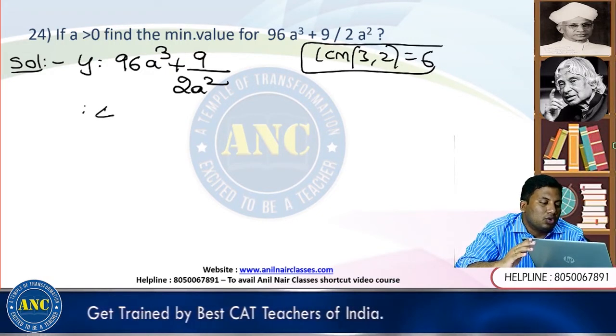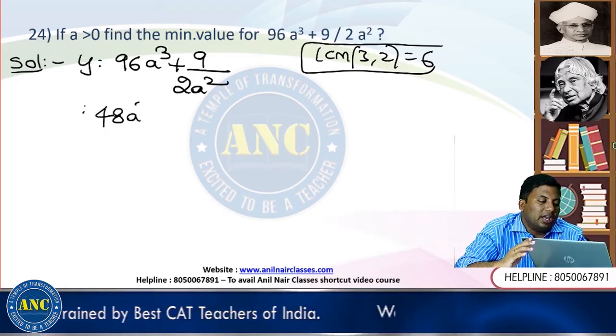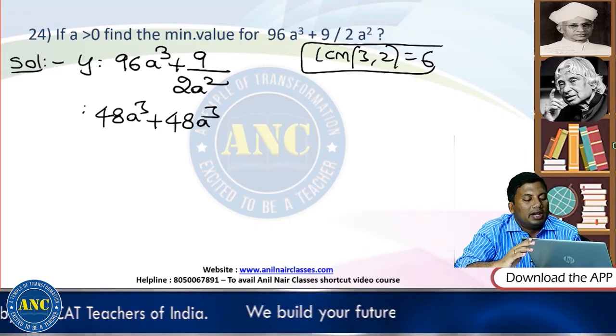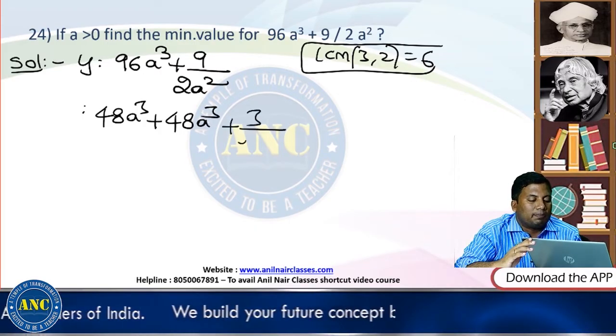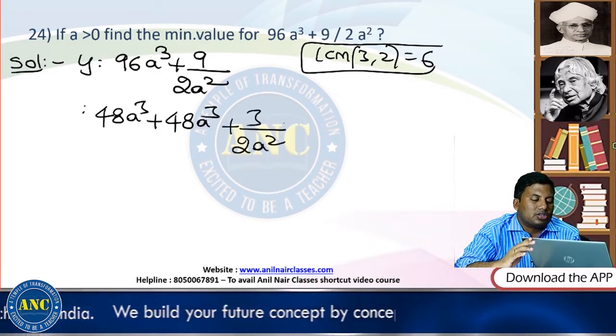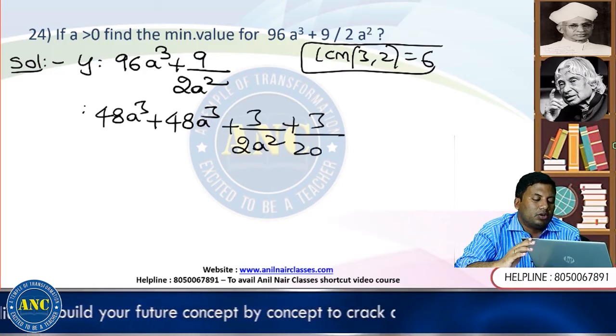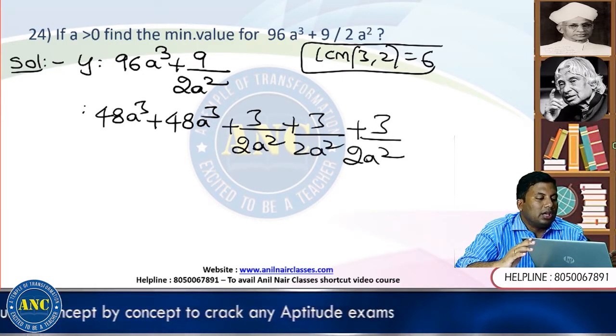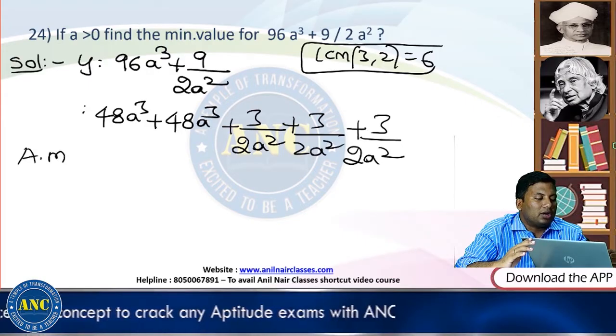Divide this into two parts: 48A cube plus 48A cube. Divide this into three parts: 3 by 2A square plus 3 by 2A square plus 3 by 2A square. AM greater than or equivalent to GM.